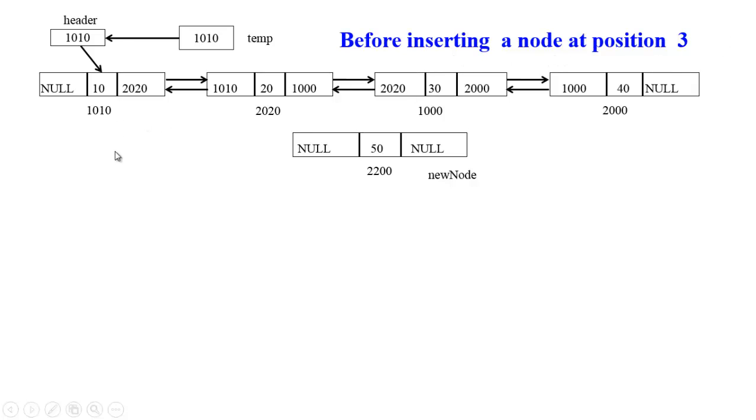Position 3 is the third node, after the first and second positions. I identify the second node, that is the previous node, disconnect this link, and make the adjustment between the previous node and the next node, and the connection from the new node to this node.